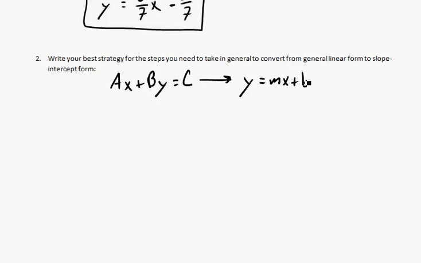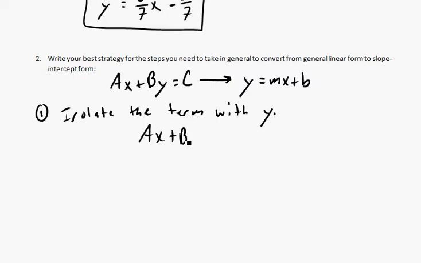So, the first thing we need to do is to isolate the term with y. And we're going to do this by subtracting the ax from both sides. If we subtract the ax from both sides, we'll get the opposite of ax plus c.